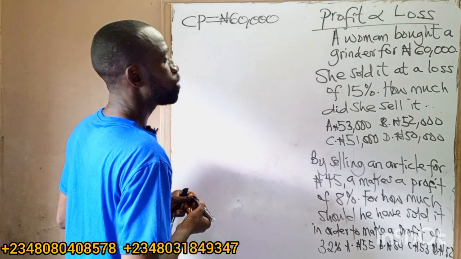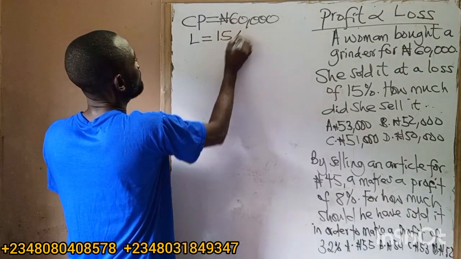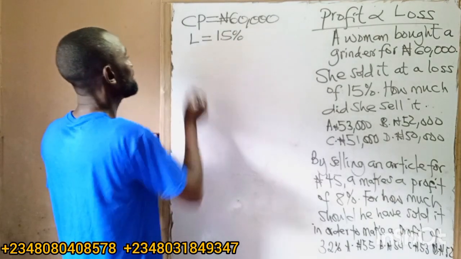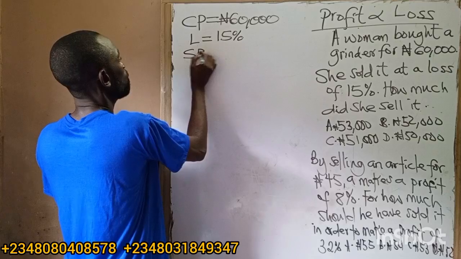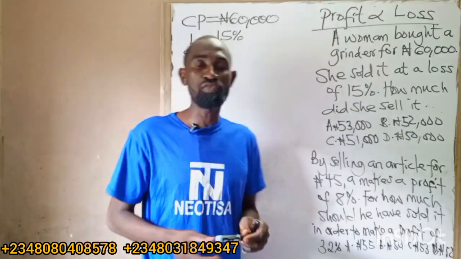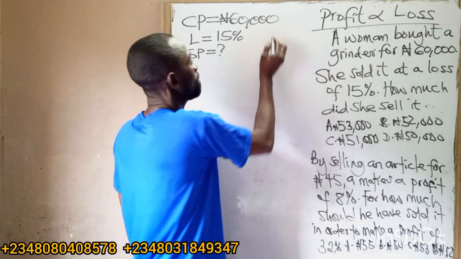She sold it at a loss of 15%. So our L equals 15%. Loss is 15%. How much did she sell it? So selling price is what we have to find. And I gave us a formula. So whenever a question involves selling price, loss, and cost price, we use this formula.